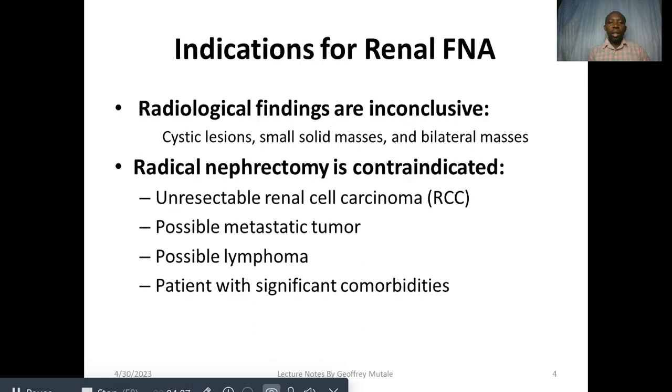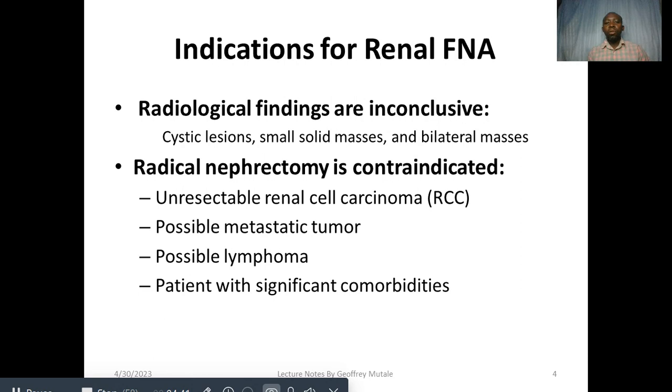So, the indications for renal FNA. We realize that it is indicated in cases where radiological findings are inconclusive. Just like I said, a lesion could have been identified, but to confirm, we may need an FNA, for example in cystic lesions, small solid masses, and bilateral masses.